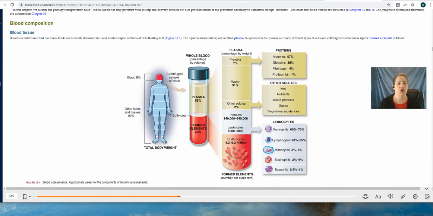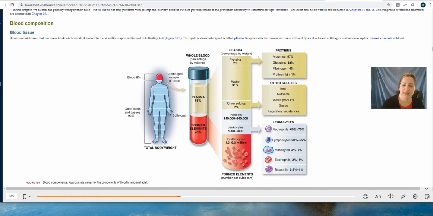So I think this is a great image to give you an idea of the overview of the whole chapter, and then we're going to talk about all of it. If we take a blood vial from a patient, we can put it in what's called a centrifuge, which spins it.